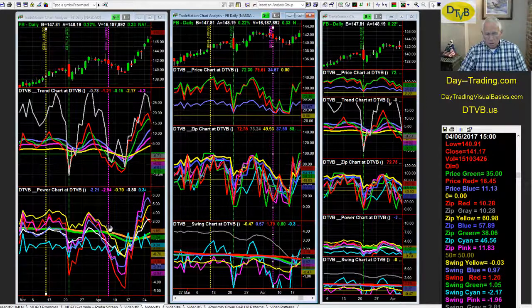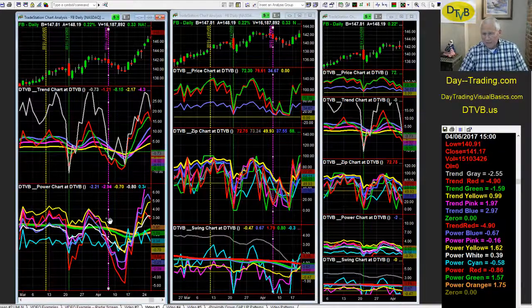And also green and orange are fairly high above the zero line. This is again Facebook, and right now the green is at 1.57 and the orange is at 1.75.